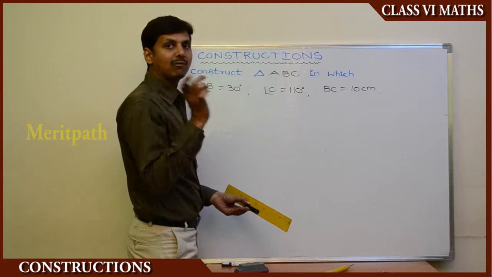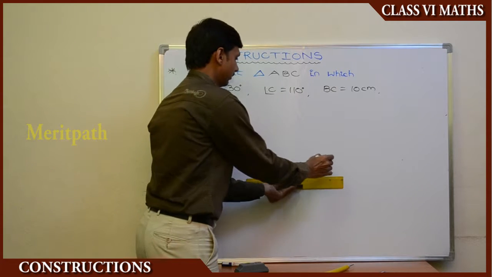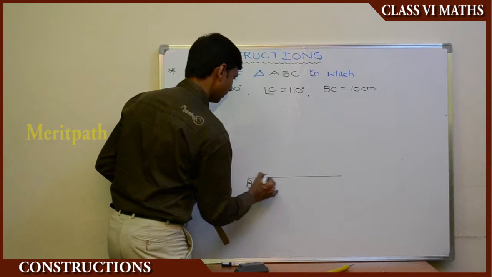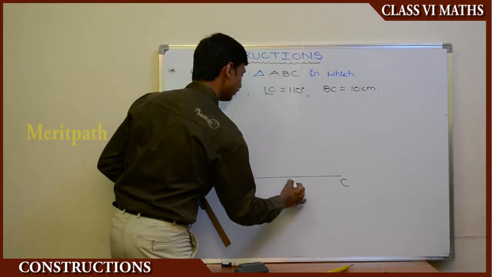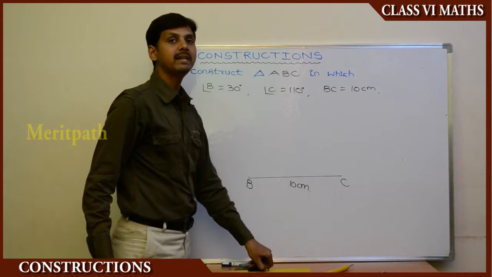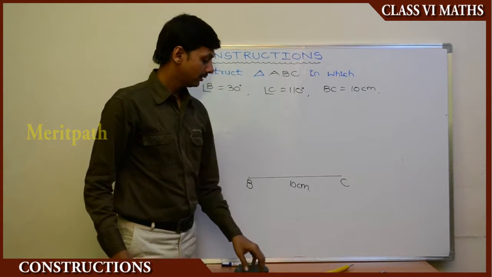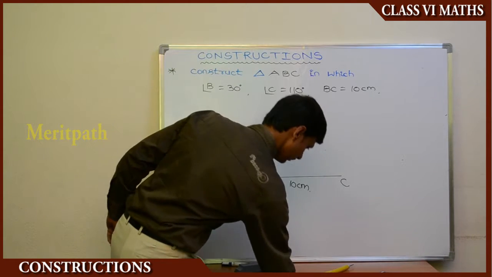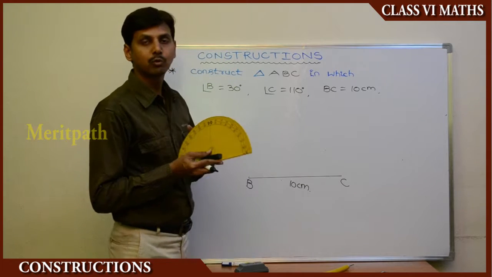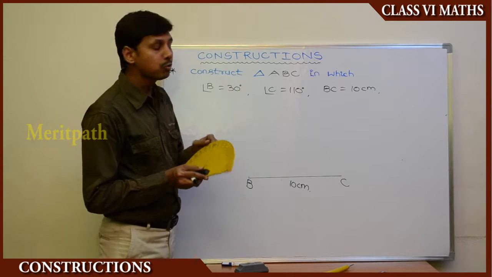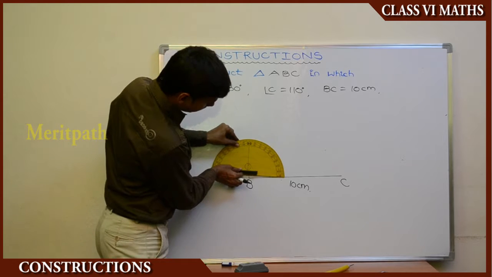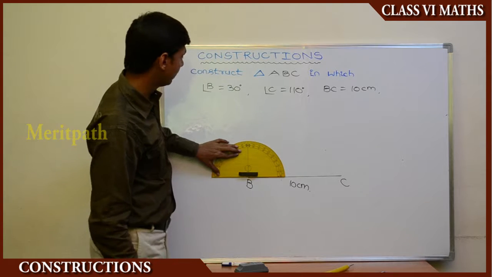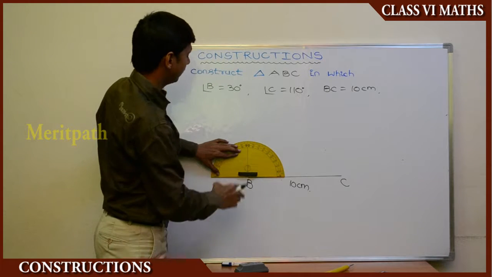Now we have one of the sides, BC. So let's construct BC here. BC is 10 centimeters. Angle B is 30 degrees. Now let's take the protractor and place it on the vertex B. We need to take a 30 degrees angle.